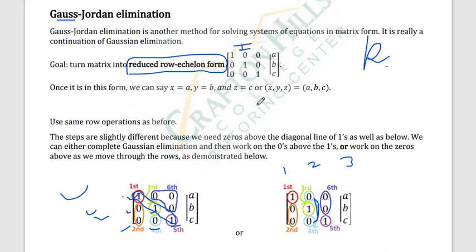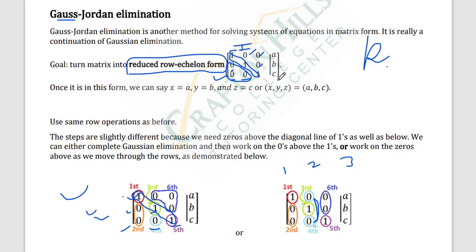It is the same as Gaussian elimination, but with some included steps so that this will become an identity matrix. Already we have made these three elements 0 in Gaussian elimination, but now in Gauss-Jordan we also have to make this element 0, and these three elements we have to transform into 0.